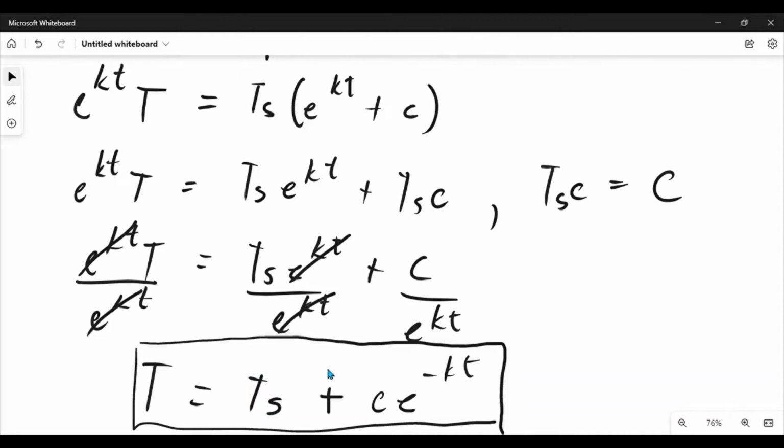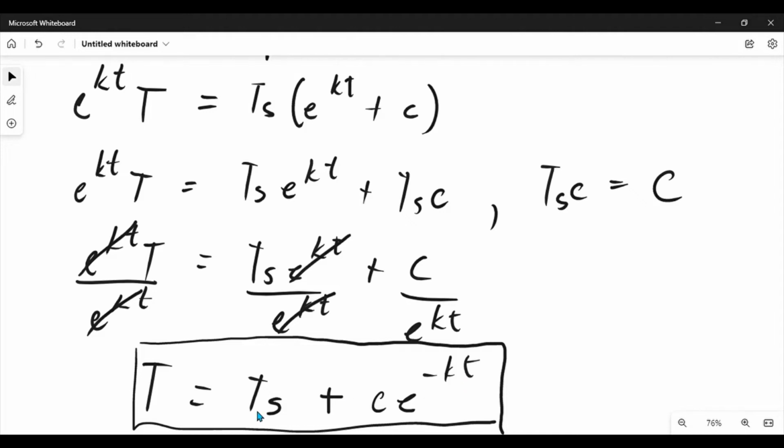Then on the other side, the next expression, we have plus c over e raised to kt, but you can actually write your e raised to kt in the numerator. But this time you need to change the sign of your kt. So we have here c e raised to negative kt.